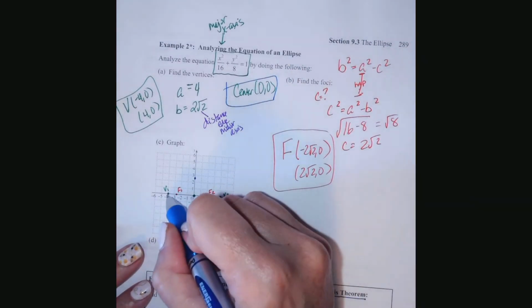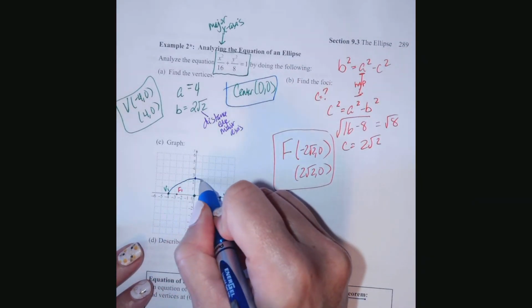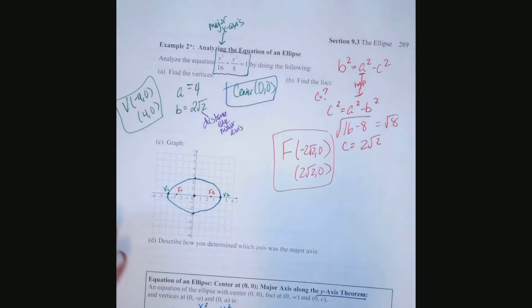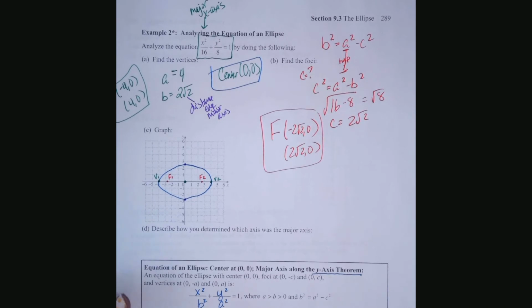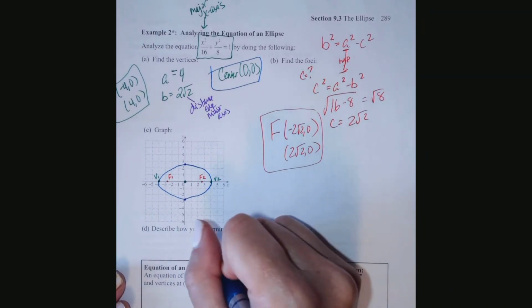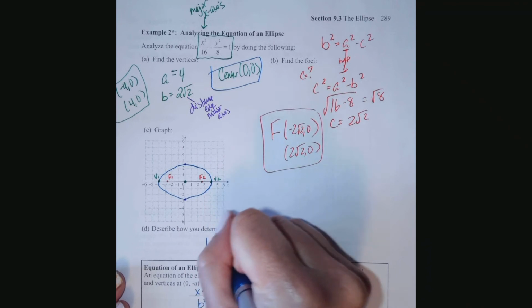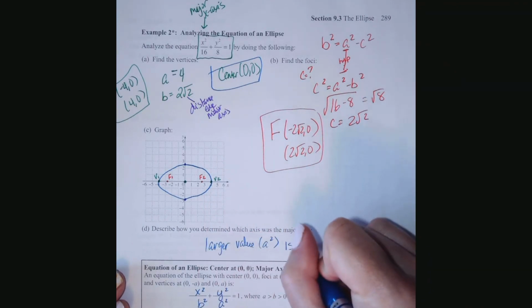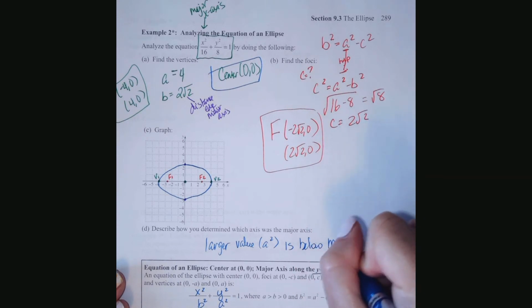If I sketch this ellipse, I'll try not to go past anything I'm not supposed to go past this time. That looks a little better. Still a little squiggly, but a little better. How did we figure out which axis was the major axis? Well, the larger value, always a squared, is below the major axis.